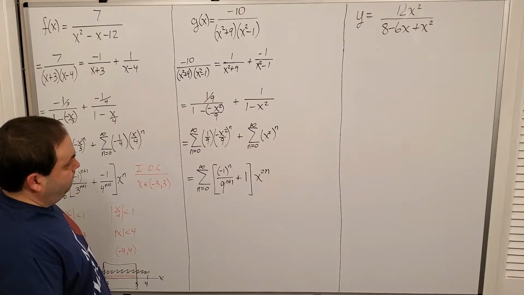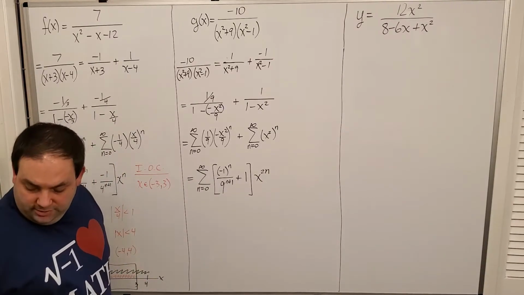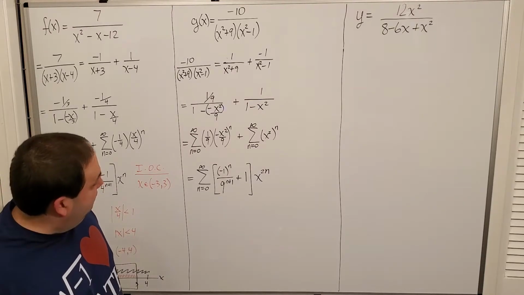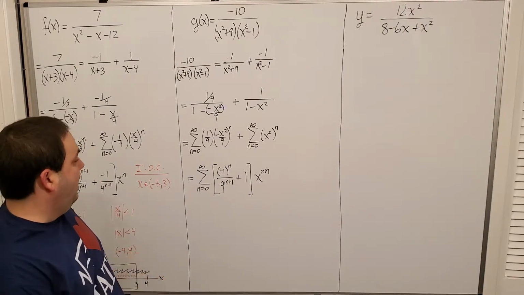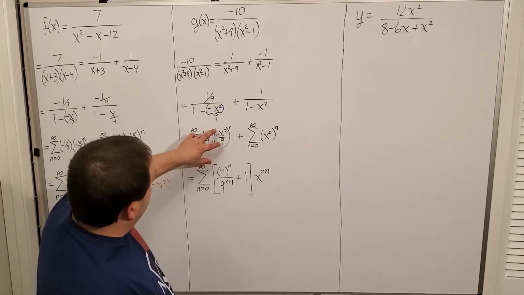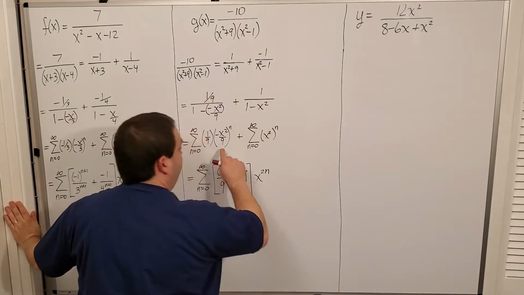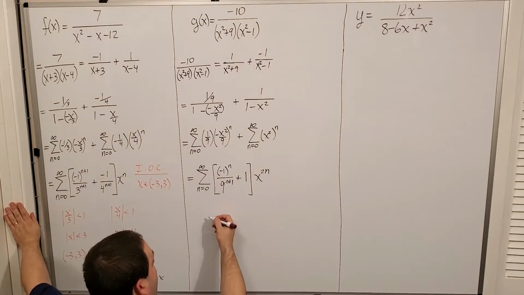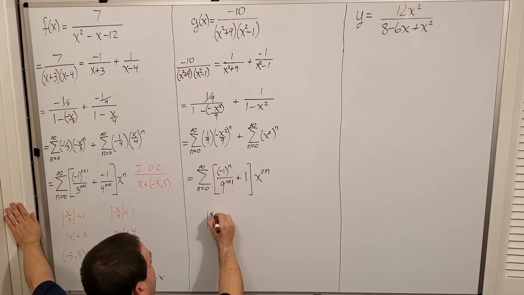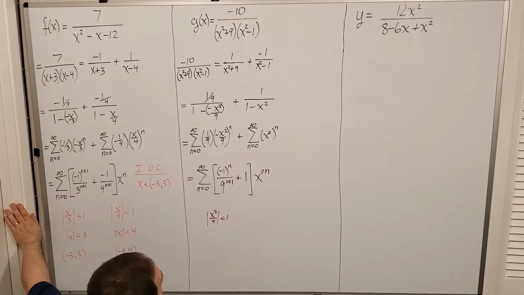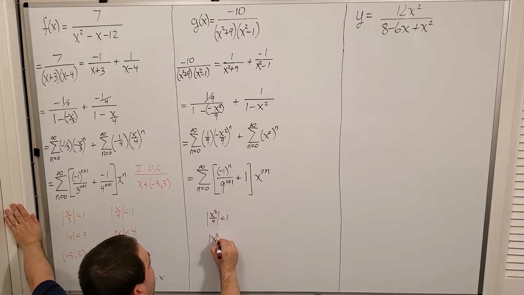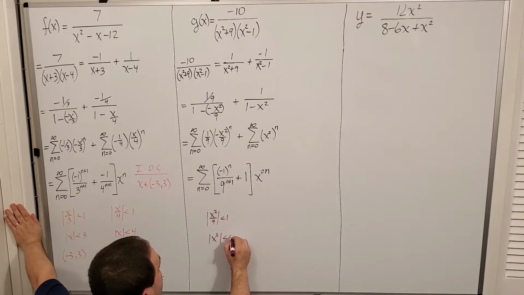Okay? Now, interval of convergence, right? Let's talk about the interval of convergence here. I have my two series that I need to look at, right? For this guy right here, the absolute value of x squared over 9 has to be less than 1, which tells me the absolute value of x squared has to be less than 9.